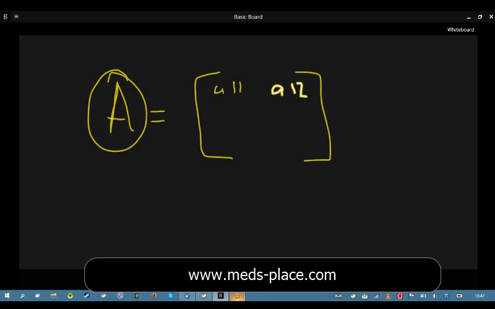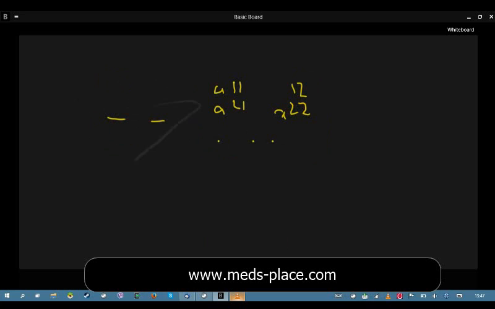And then obviously if we come down here, we'll have a2,1 and a2,2, and so on and so forth. And these are generally conventions, so that if you see them, you're not confused by them. Okay.